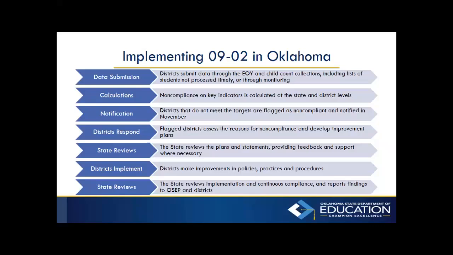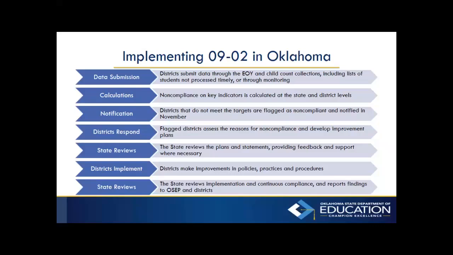And then district responses: you were flagged districts across the reasons for noncompliance, and we're going to have you develop some improvement plans to assist you as you move through that to correct those compliance issues. And then the state's review of plans and statements, and we're going to provide you feedback and support where necessary to assist you through this process.